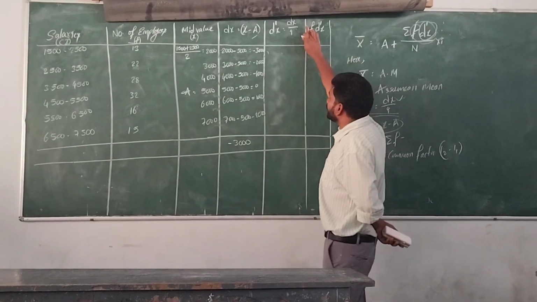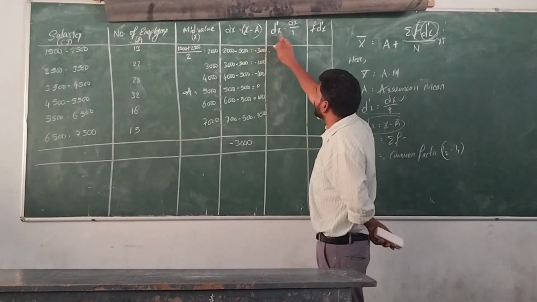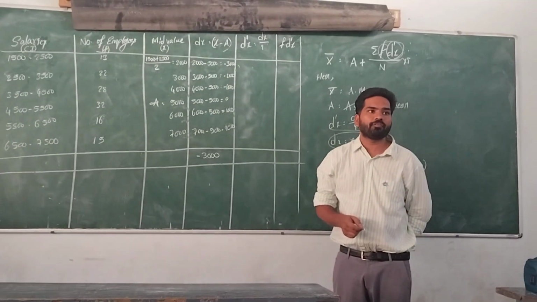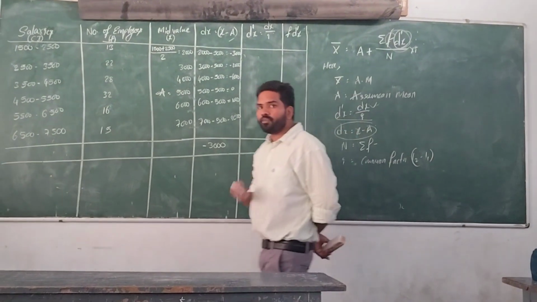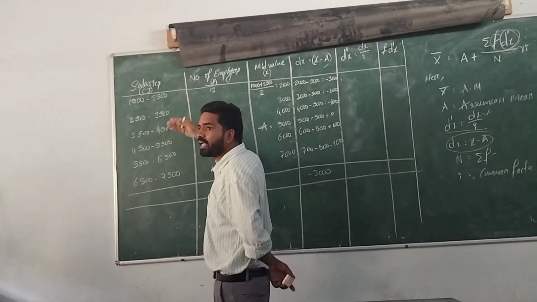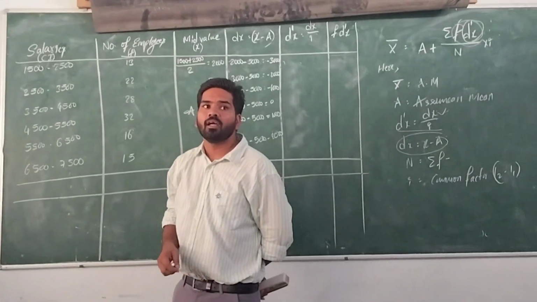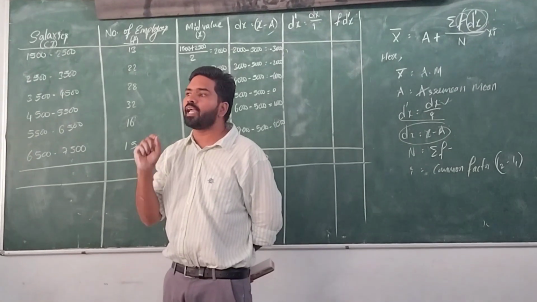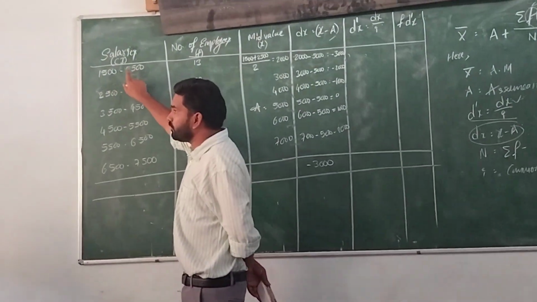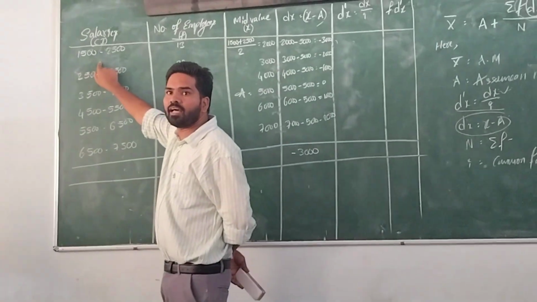Step deviation. So we have the deviation values. Now we have to find the common factor. Common factor means the common difference value from each and every class interval. For example, what's the difference of the first class interval? 1000.